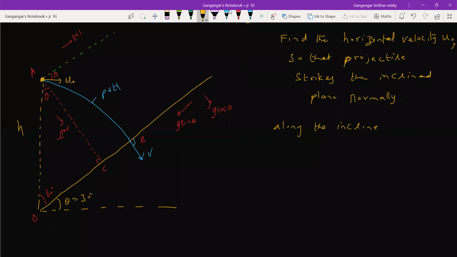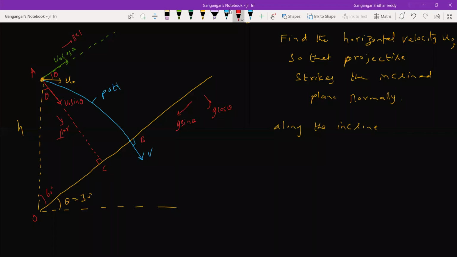The blue color line is the path. Don't resolve that. u naught will be tangential to that only at that initial point. So here, if I resolve it, u naught cos theta, and the other component will be u naught sin theta.